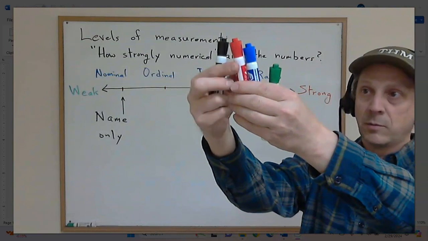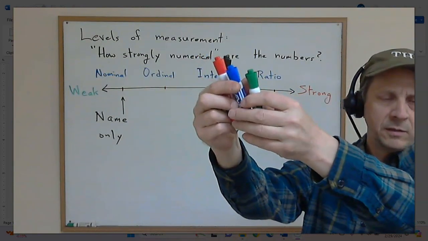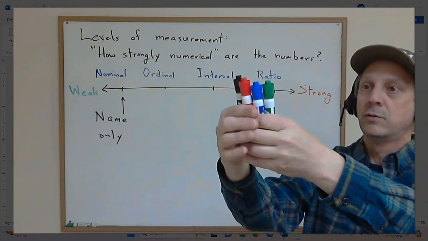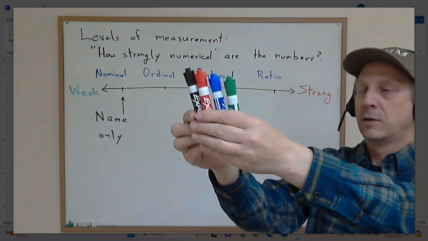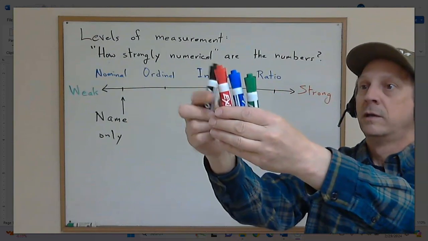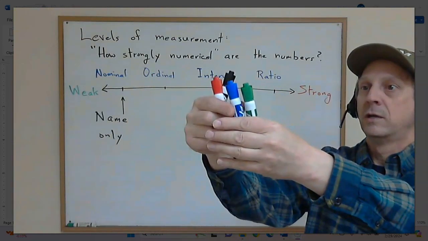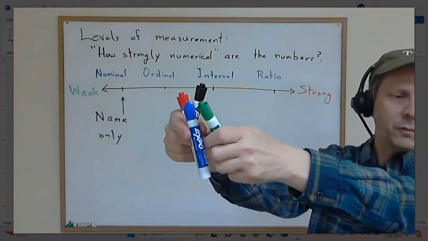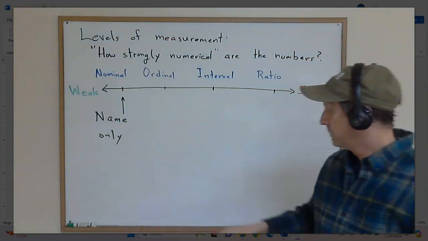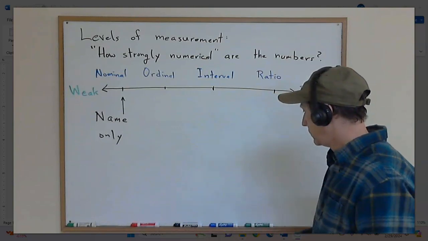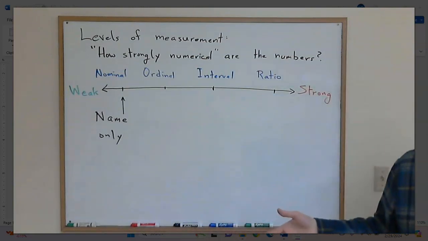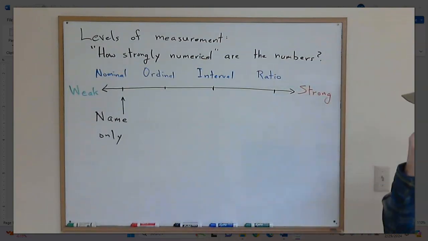Some of them are black, some of them are red, some are blue, and some are green. Well, if you want to enter this into a computer, you might assign these categories numbers. You might say, black will be category 1, and red will be category 2, category 3, category 4. So that would be a nice way to encode your data, but those numbers are really just stand-ins for names.